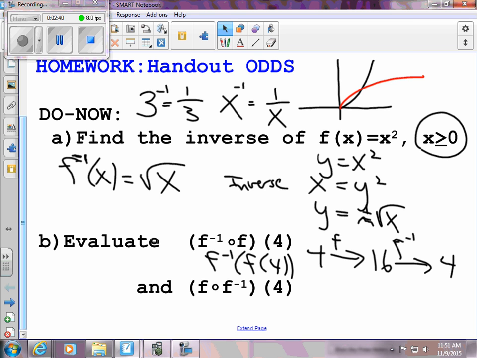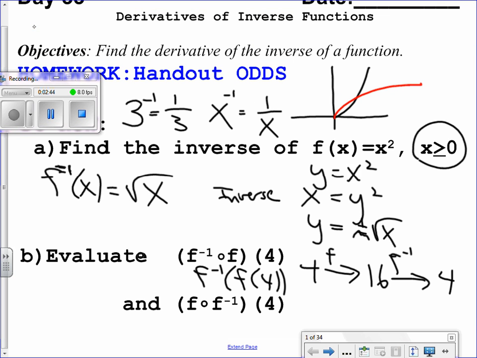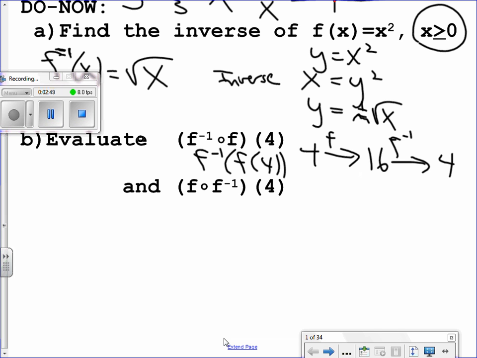Let's work in the opposite direction. Just change this to full. Now let's start with 4, and we're going to plug it into the inverse first. If you plug 4 into the inverse of f, remember that's the square root of x, what do you get? 2. Good.